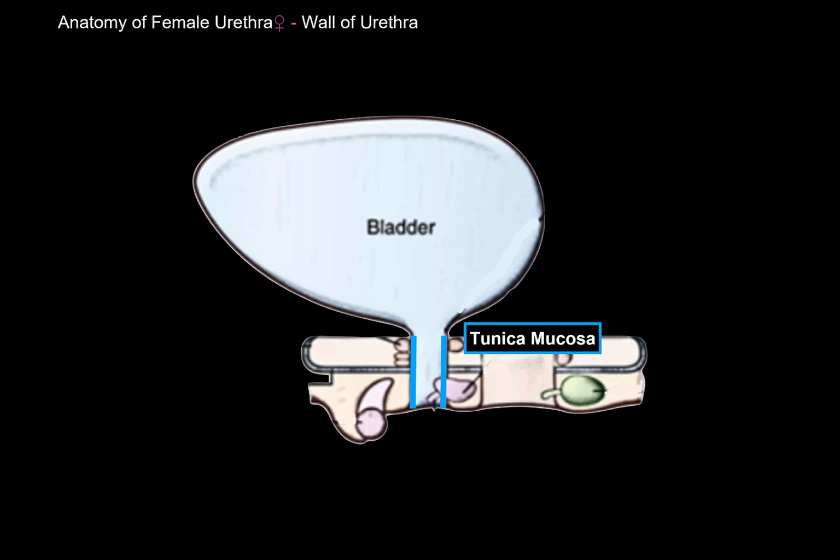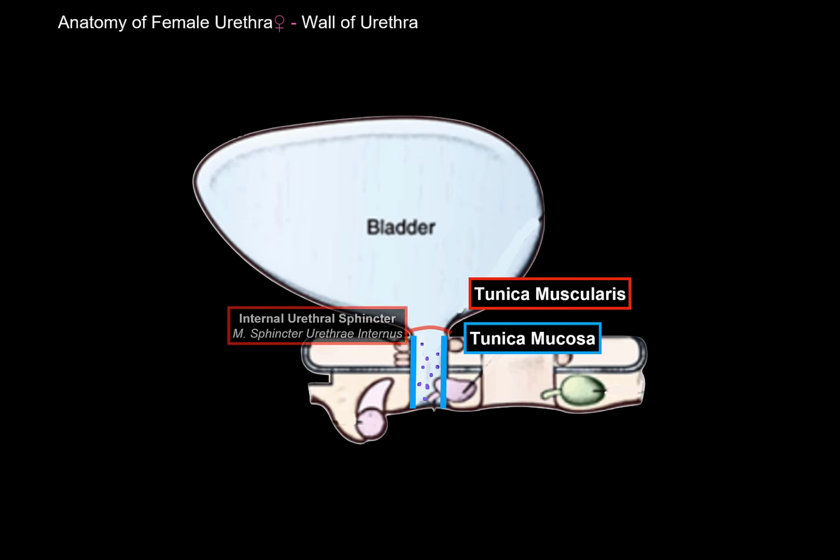We're going to have the tunica mucosa with small openings called the urethral lacunae, at which the urethral glands open up, lubricating the surface. We're also going to have the tunica muscularis, which forms two sphincters: the internal urethral sphincter, which lies at the border between the bladder and the urethra, and the external urethral sphincter at the perineum of the female.